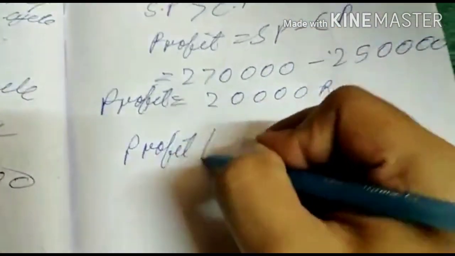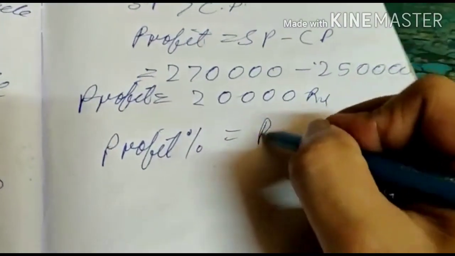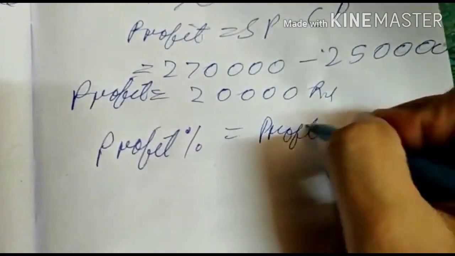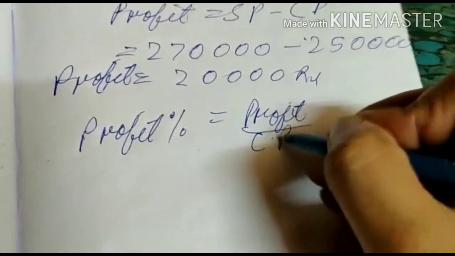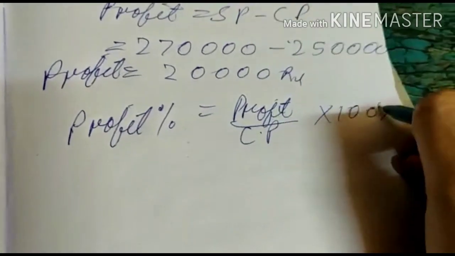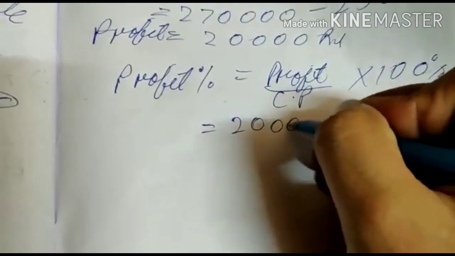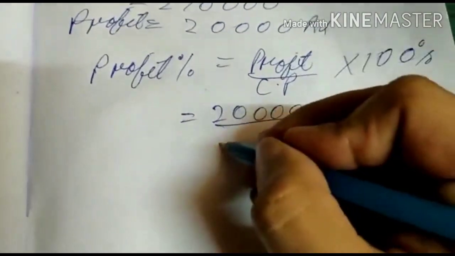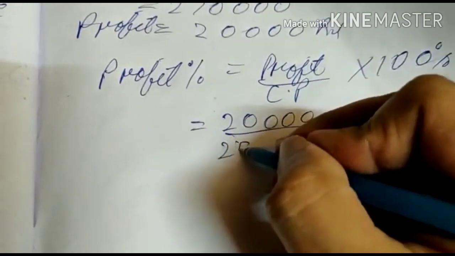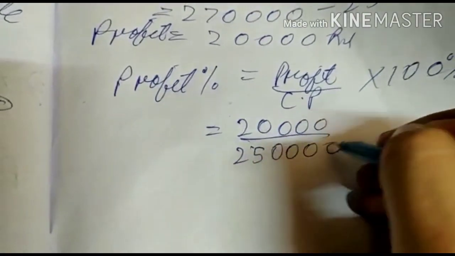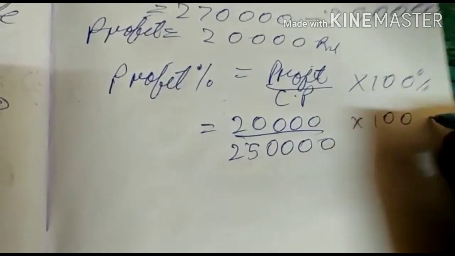So formula for profit percent was profit upon CP into 100%. Our profit here is 20,000. Okay, CP here is 2,50,000, into 100%.